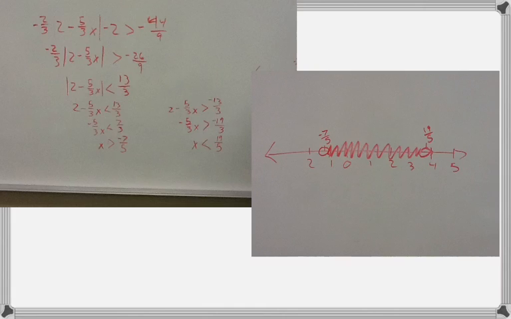But we're looking at a problem we start off with, right? And so you've got the -2 and you've got this -2/3 out front, right? And so what we have to remember is that when we do something like this, I have to get the inequality isolated first.